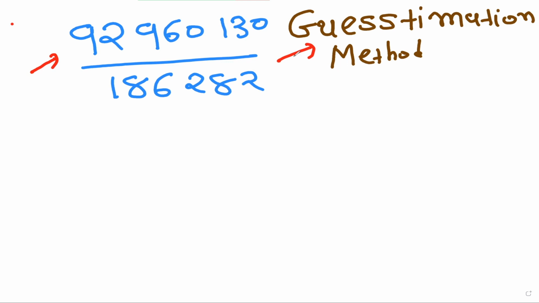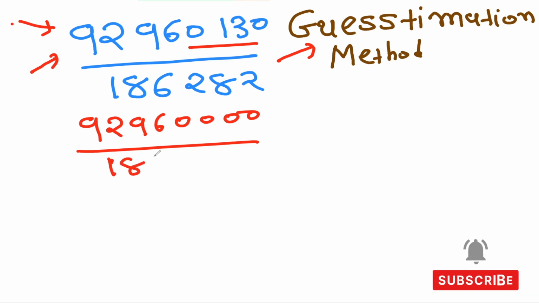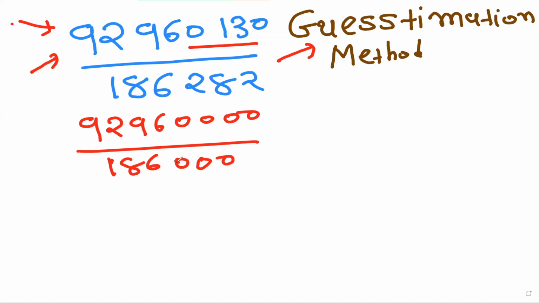approximation. So what we will try to do is round the top number. Let us say 9296, and the last four digits I'm putting as 0000, and here I'm putting the bottom number 186, and the last three digits I'm also rounding to 000.